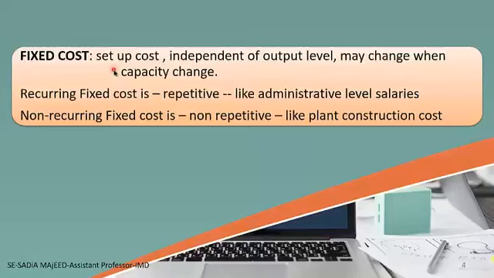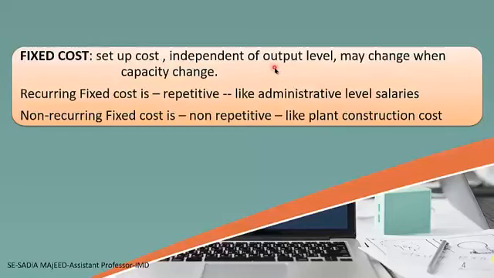The cost which is involved in setting up that facility or factory or unit is known as the fixed cost. And whatever the cost involved in setting up the facility is independent of the output level.